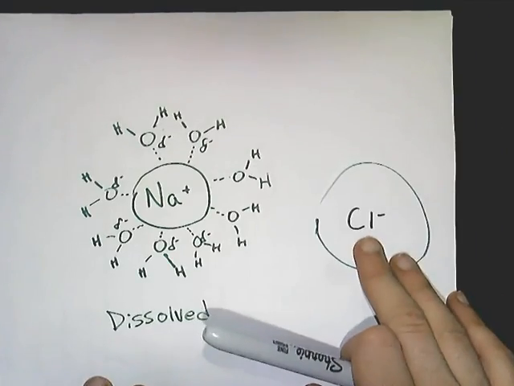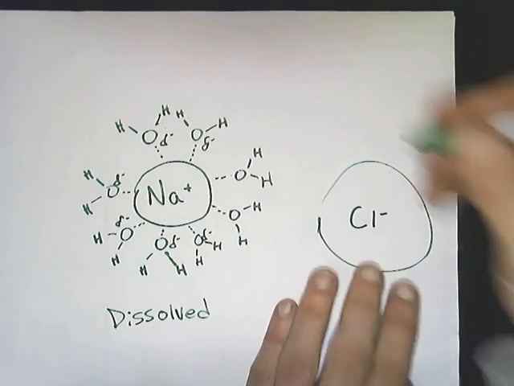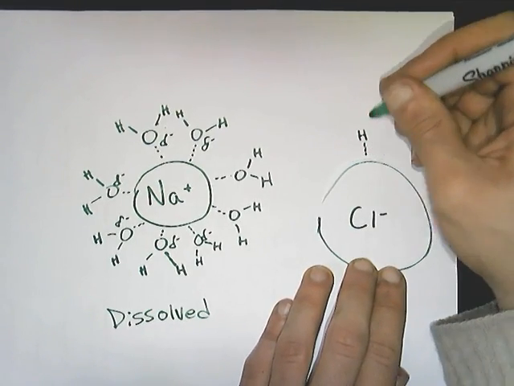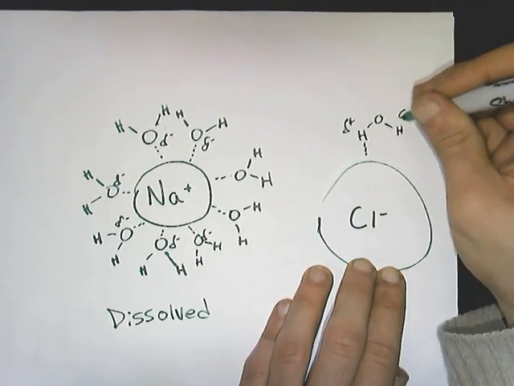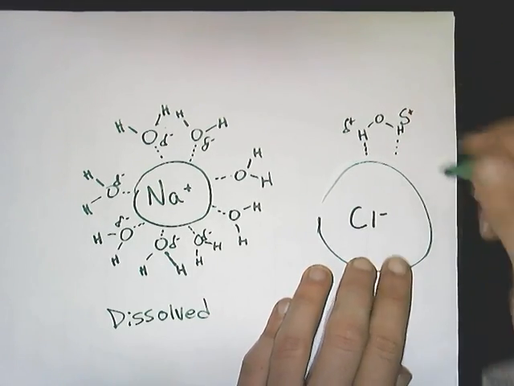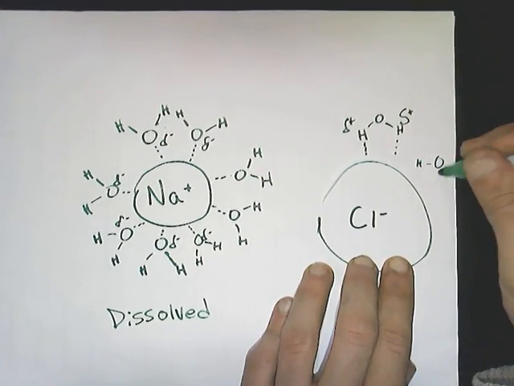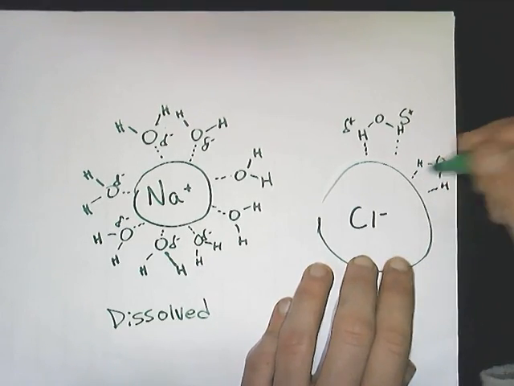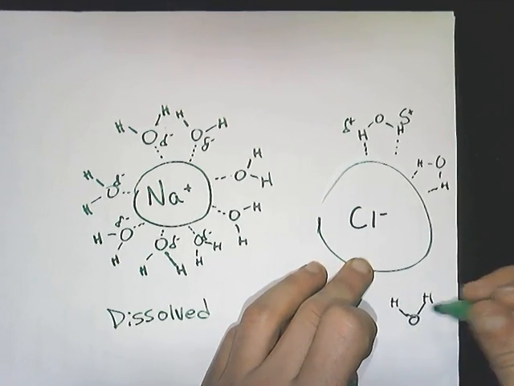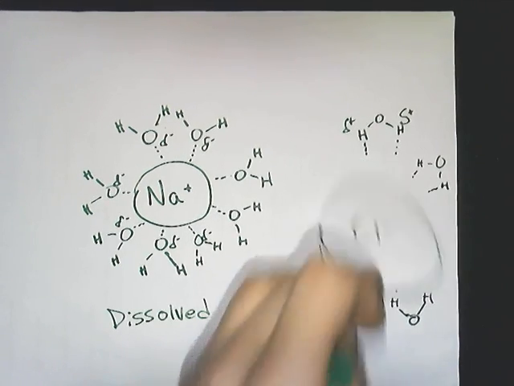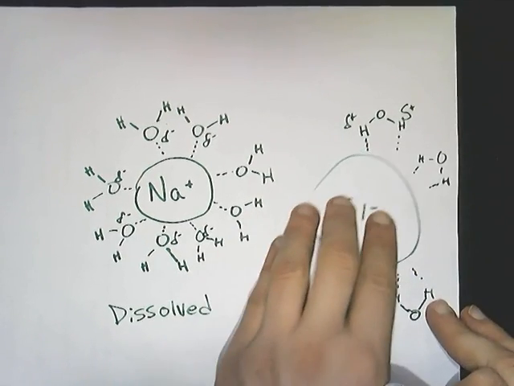We'll see the opposite thing happening with our chlorine, where there are going to be positively charged hydrogens that will interact with its negative charge. So we can have a water molecule, and each of the hydrogens might be interacting to dissolve this chlorine ion. I'm not going to draw all of them. Chlorine, get back in your spot. But that is what happens.